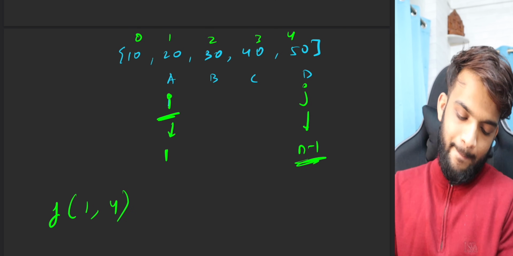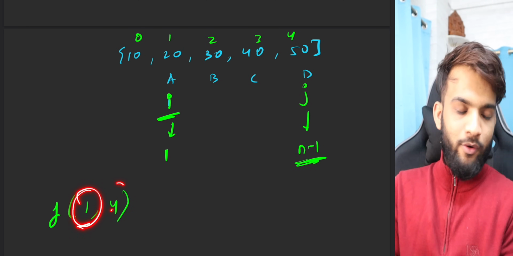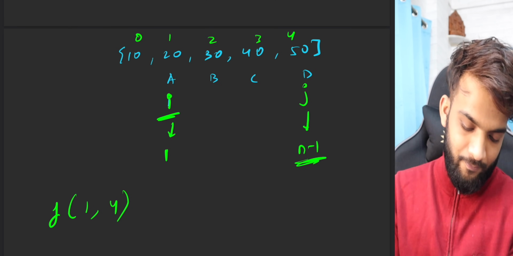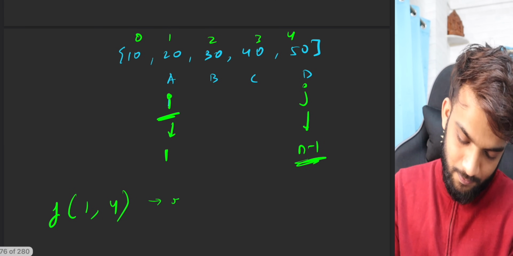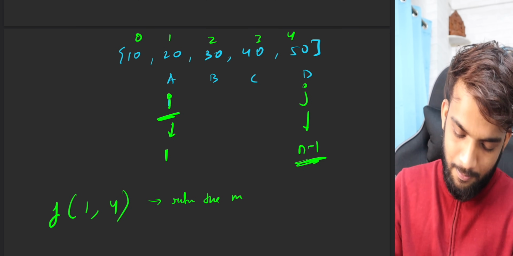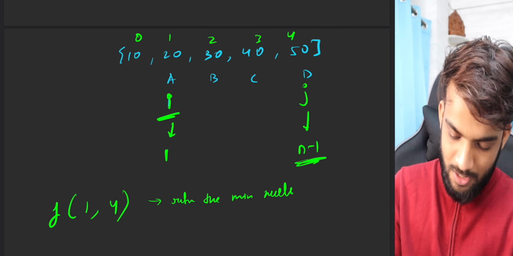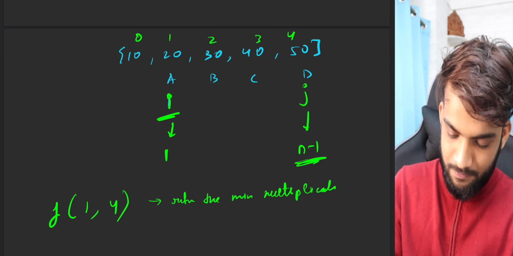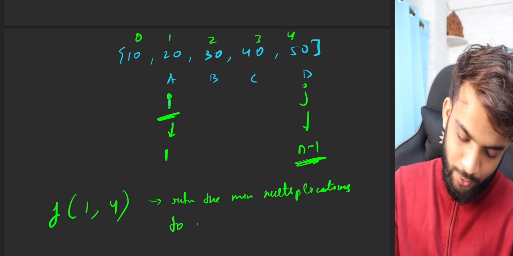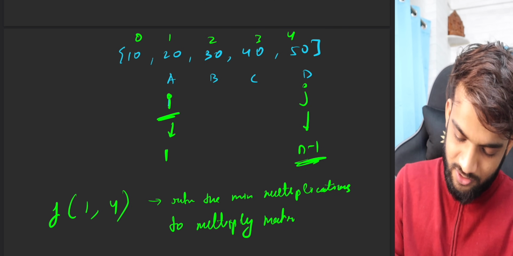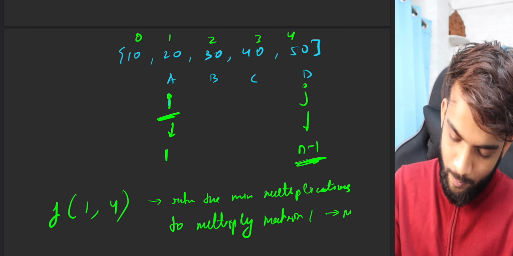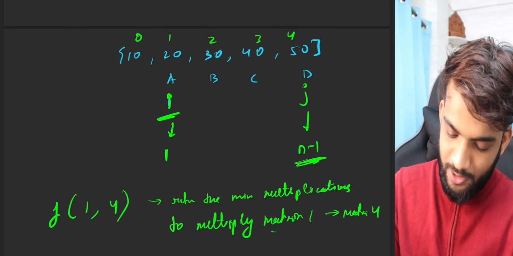Please solve me the matrix 1 to 4, in what way returns the minimum multiplications to multiply matrix 1 to matrix 4. Remember this.